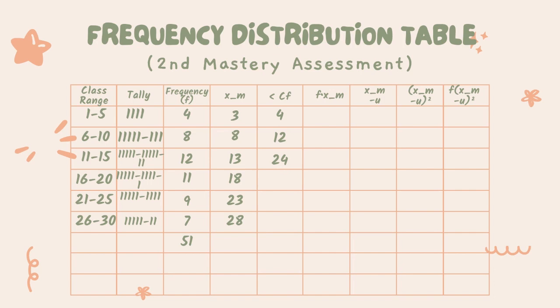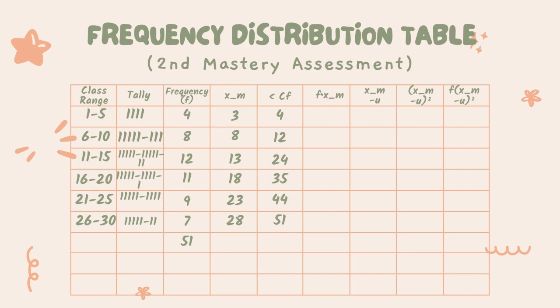And 12 plus the frequency of 11 to 15, 12, is 24. 24 plus 11 is 35. 35 plus 9 is 44. And 44 plus 7 is 51. And we have the same value as the sum of the frequencies, so we are correct.